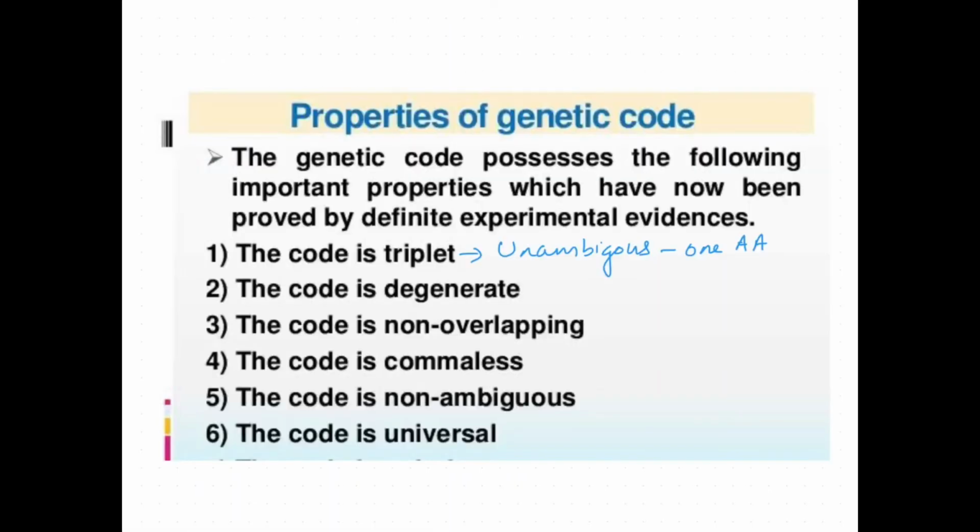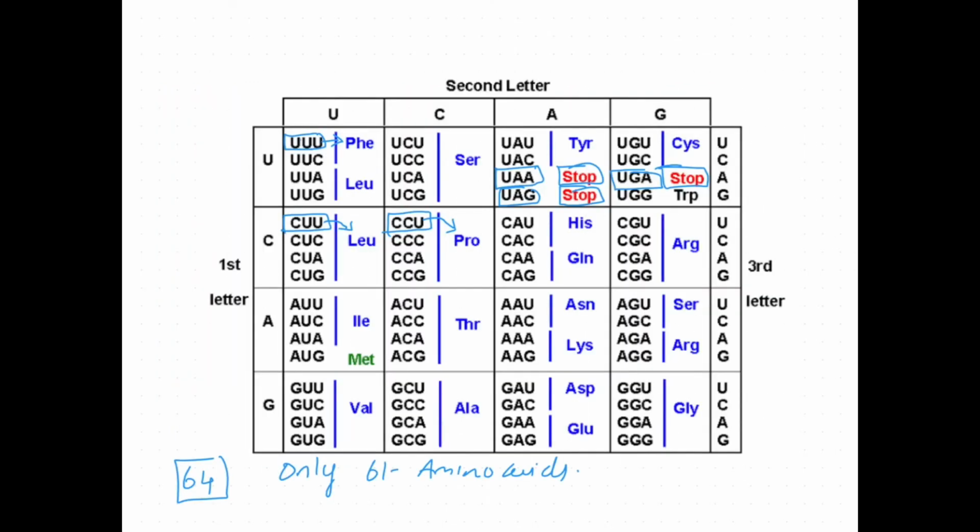Next property is genetic code is degenerate. You know there are 64 codons and only 20 amino acids. In this first block you can see UUU, UUC, UUA and UUG. Among that you can see 2 combinations are representing one amino acid.